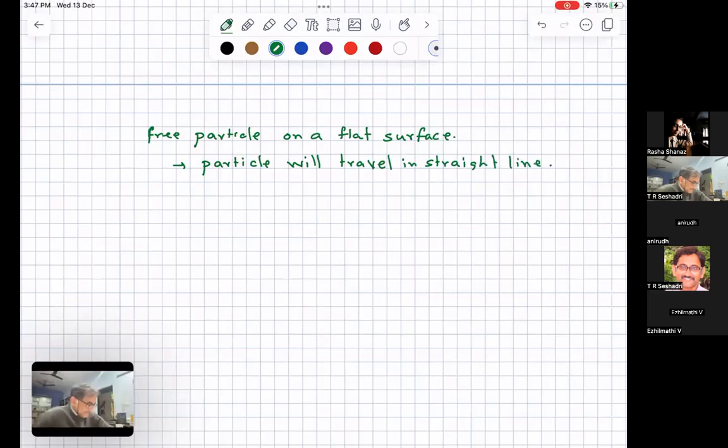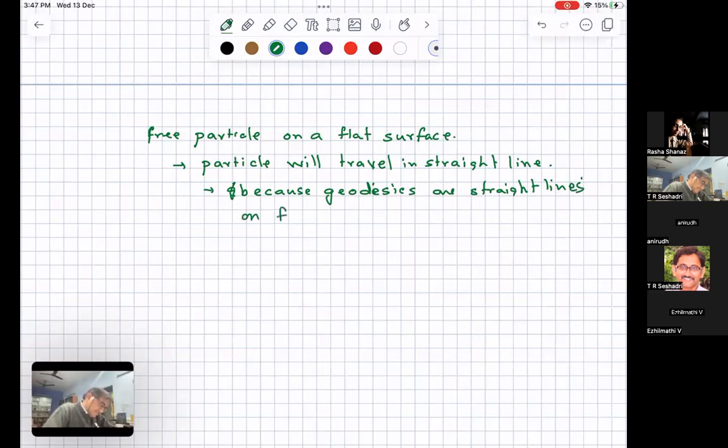And why? That is because geodesics are straight lines on a flat surface. Okay, so this is the first thing.